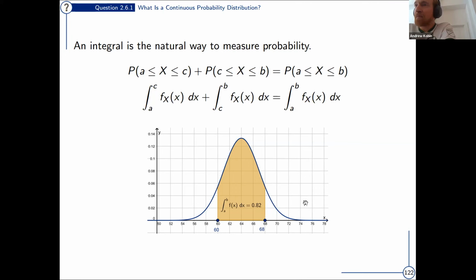Given an 82% probability, what this says in terms of the probability and its associated random variable is that we expect 82% of measurements to fall within 60 and 68, whatever units are described here. If these are inches, then we expect maybe in whatever population this random variable is describing, 82% of people's heights to fall within 5 feet and 5'8". Which seems like a high probability in my experience, but maybe I just know a lot of tall people.